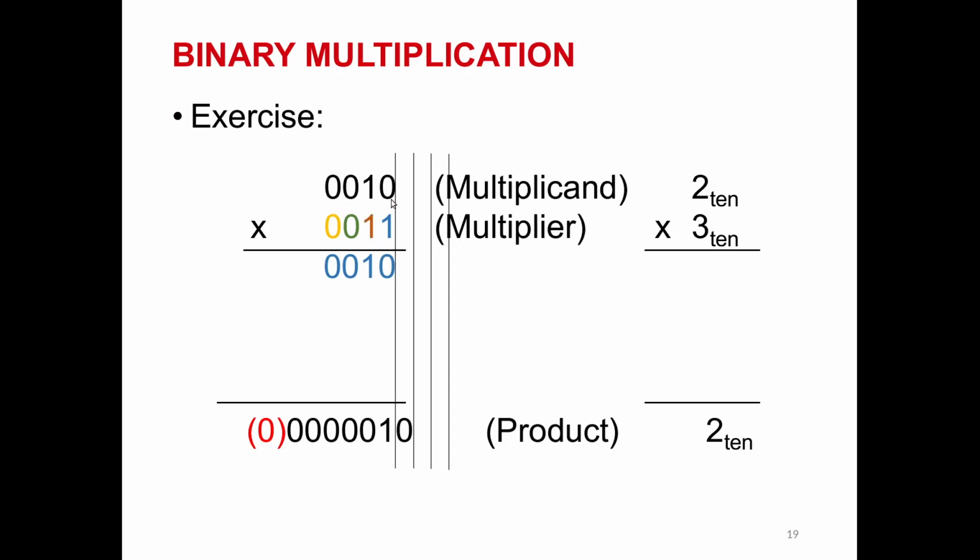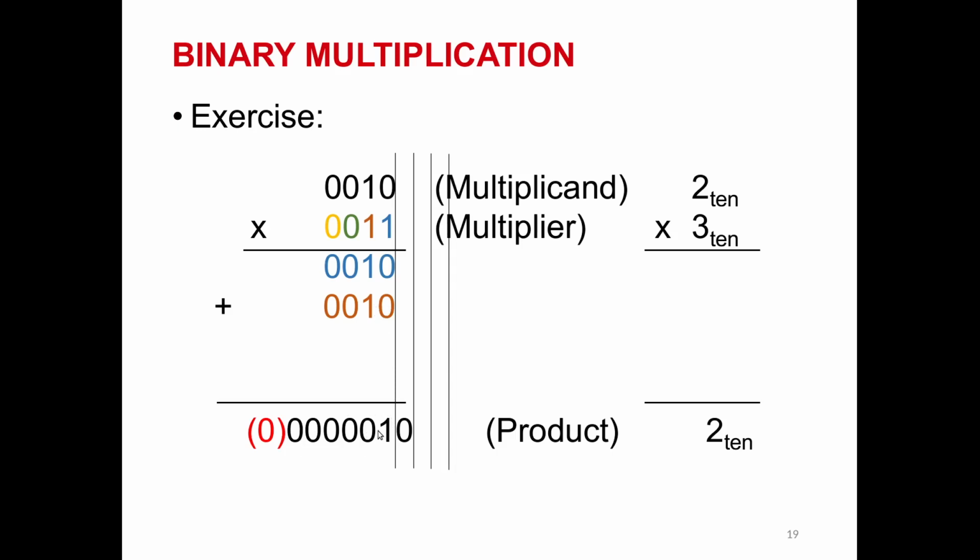And then for the next step, we take the second bit of the multiplier to multiply with the multiplicand. Here, instead of shifting the multiplicand one bit to the left, we keep it at the same location, and so we will have the value 0 0 1 0. And as you can see here, due to our shift of the product one bit further to the right, if these 4 bits are added together with the product at the same column, we will have value 6.